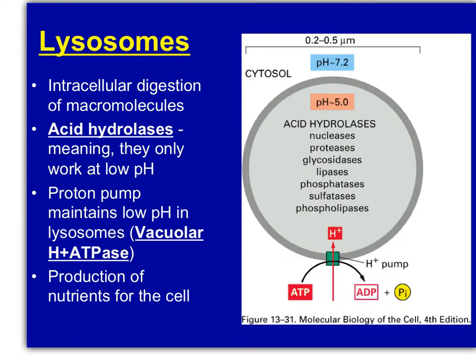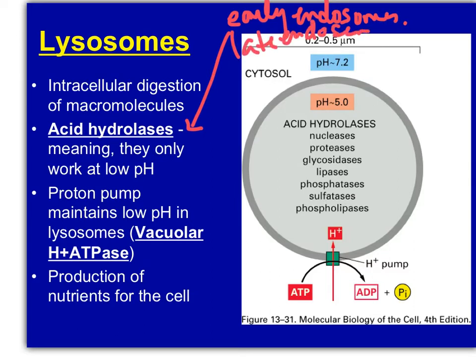I mentioned the fact that there are different acid hydrolases, and this picture shows you lysosomes, but I want you to be crystal clear about this. Acid hydrolases are found in early endosomes, late endosomes, or multivesicular bodies, and lysosomes.